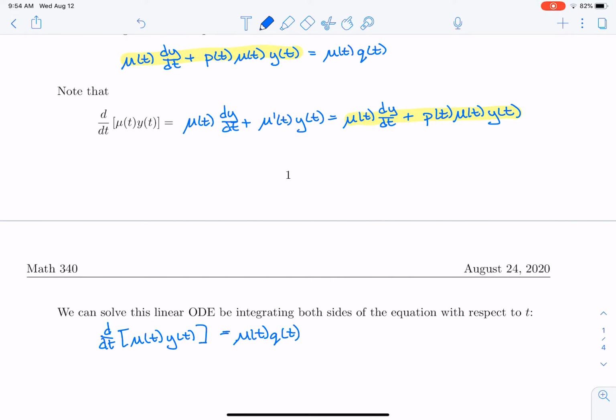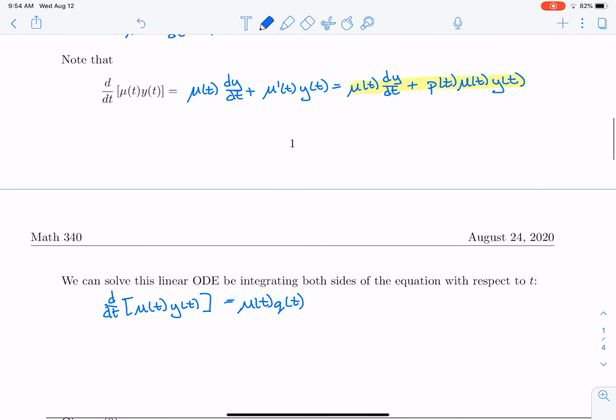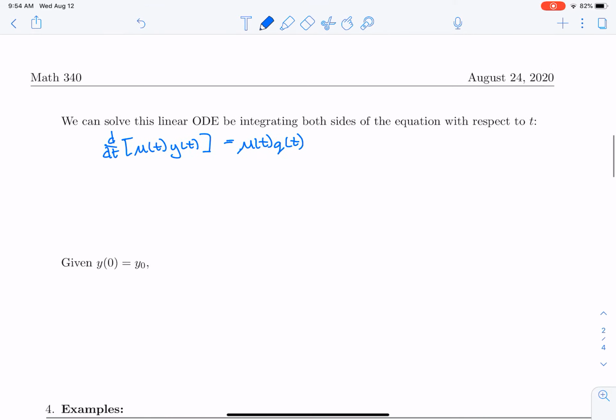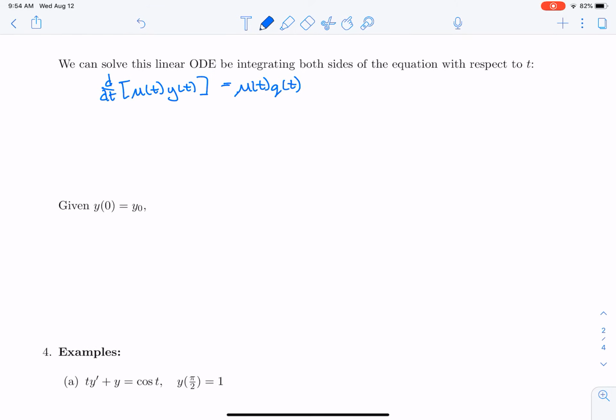And now we have that the derivative of a function on the left is equal to mu(t) q(t). So that tells us that mu(t) y(t) must be the antiderivative of mu(t) q(t) dt.